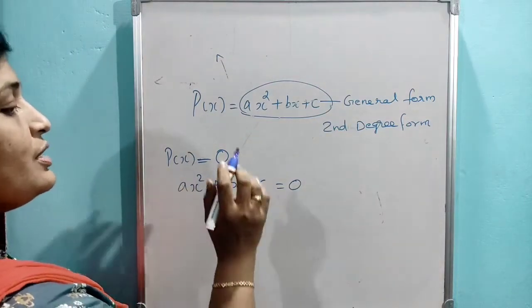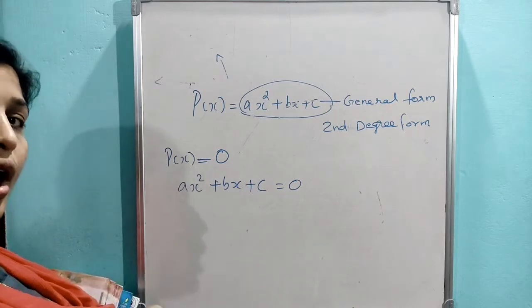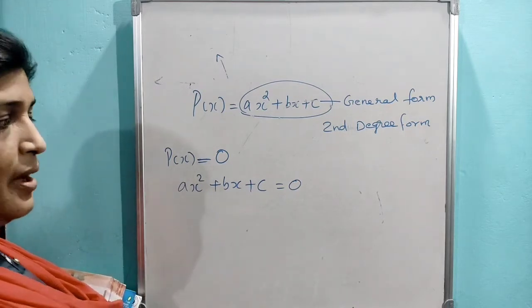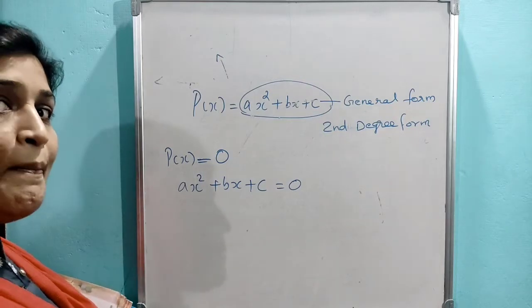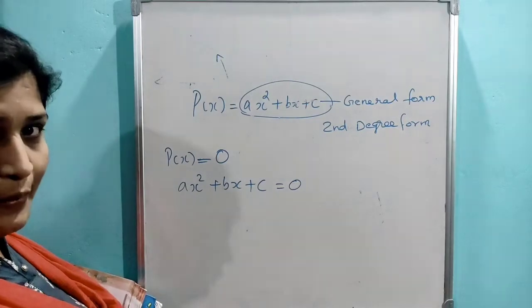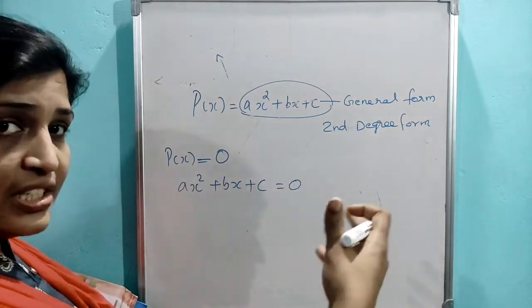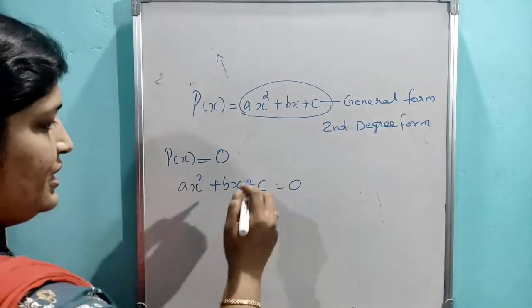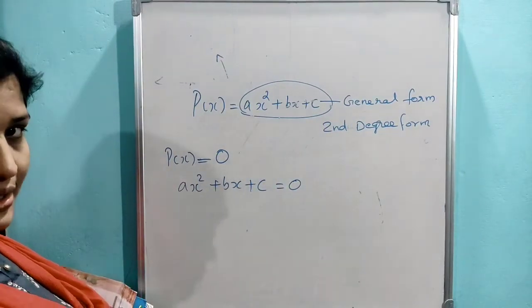Now we need to solve this equation. We already know how to solve this, but we are trying to find another method to find the solution of a second degree polynomial. For that, as we did in the last problems, we move the constant term to the right side of the equation.